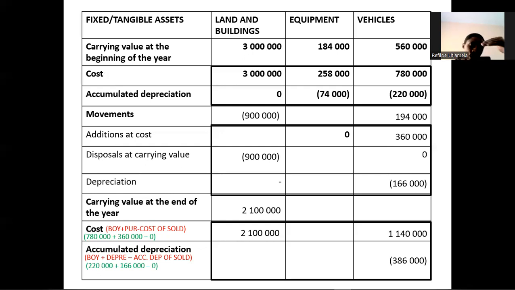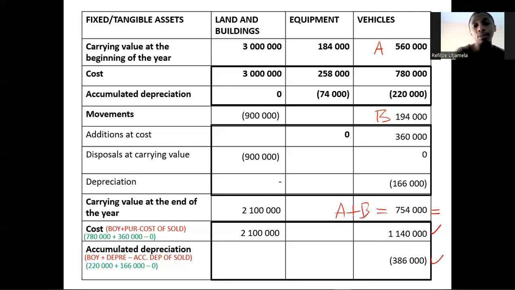So when you take the cost minus accumulated depreciation, it will give you the carrying value. So when you take carrying value at the end of the year, you take the cost minus accumulated depreciation at the end of the year, it will give you this here. Or you can simply take carrying value at the beginning of the year, add it with the movements, so you'll be A plus B, it should give you the 754.